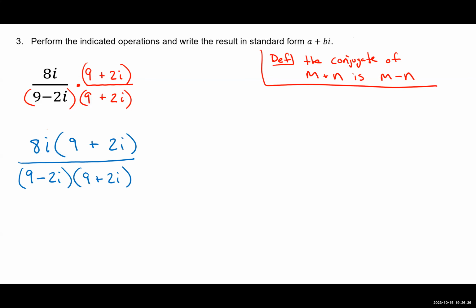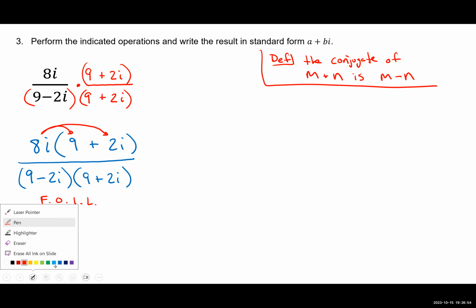Okay, on the top, we're going to distribute because there's only one factor on the outside. On the bottom, we've got 2 terms times 2 terms, so we have to FOIL on the bottom. Okay, so slightly different approach to multiplication on the top versus the bottom.